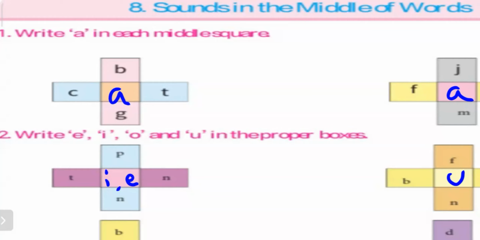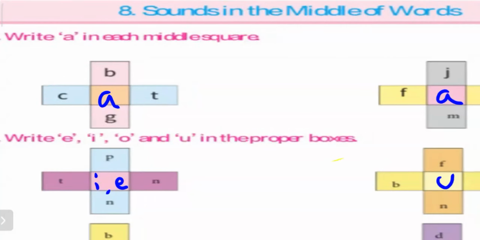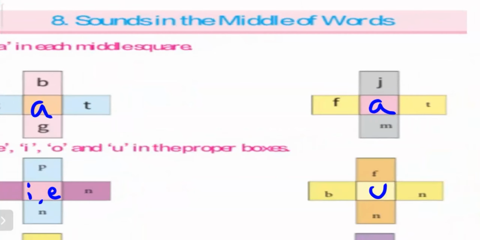C-A-T, cat. Similarly over here, after adding the vowel A, the words formed are J-A-M, jam. F-A-T, fat.